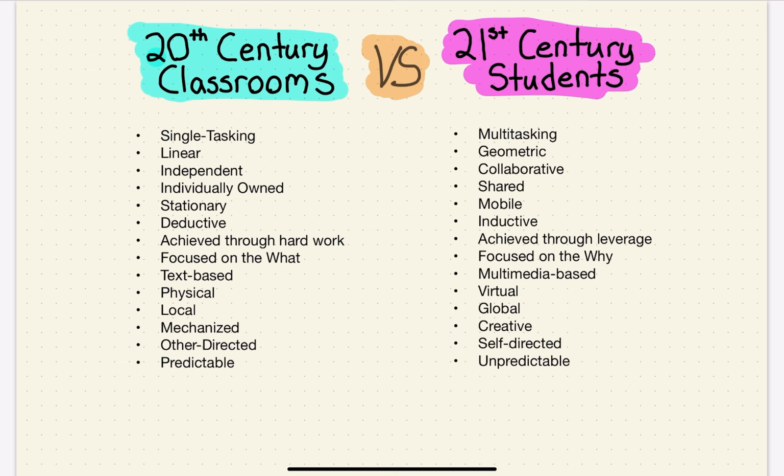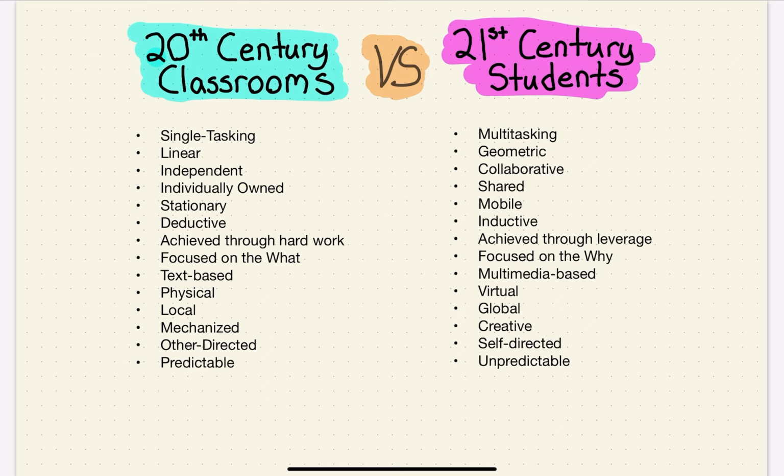Rather than relying on a textbook as the sole source of information, we can allow students to learn through a variety of media. We can use films, websites, podcasts, all that stuff. Instead of having students solve problems with predictable solutions, we can give them problems with unpredictable outcomes and real-world applications.